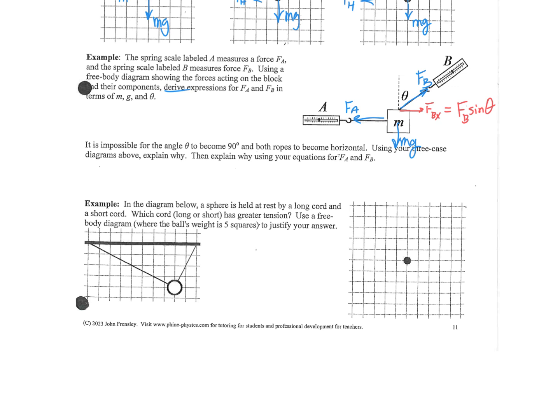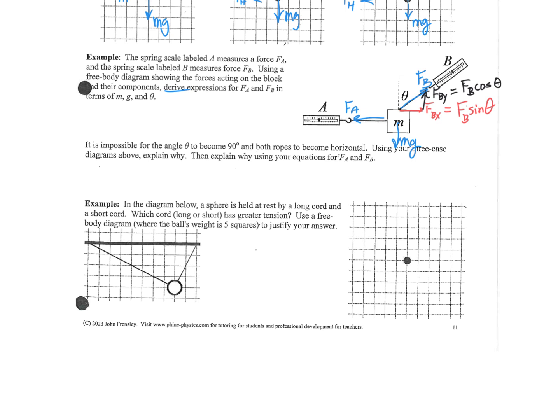And then in the y direction, this will be kind of cool, the force is going to be F sub B cosine theta.